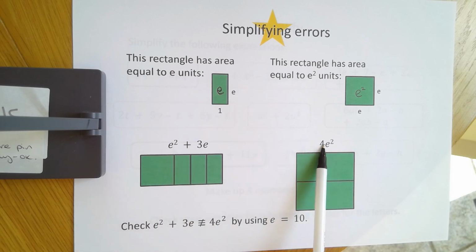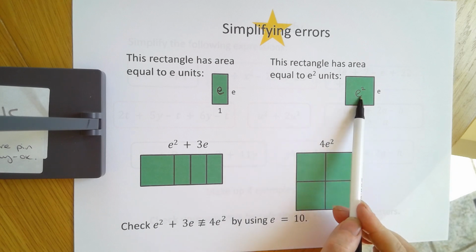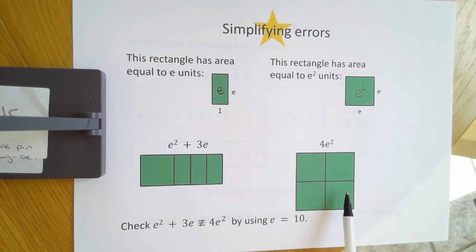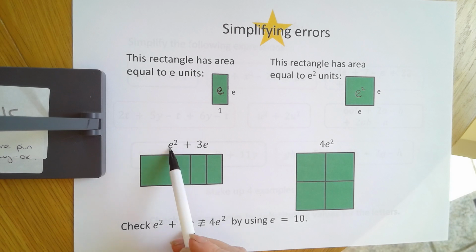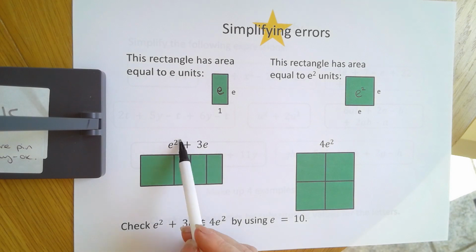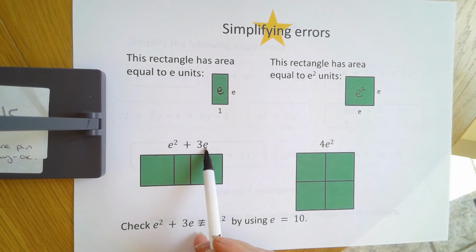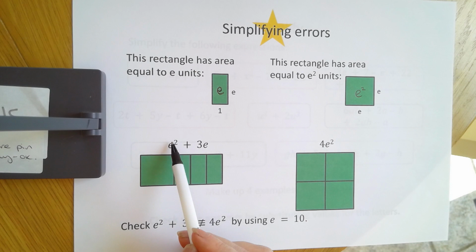But if I had 4E squared, I've got 4 of those. Okay, so you can see that these two shapes are not the same thing. We cannot add an E squared to an E. They're counted as different letter types. So this expression is as simple as it can possibly be. You cannot simplify that further. Okay.